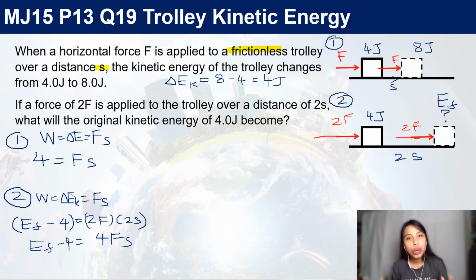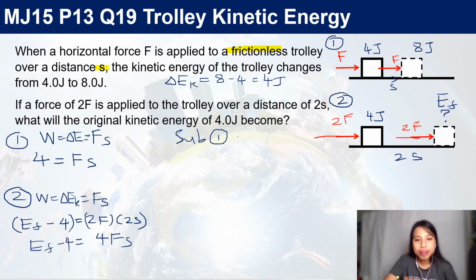We have lots of unknowns, but we also have 2 equations. So let's substitute both of them together. So substitute 1 into 2. So I will have the final kinetic energy of the second scenario minus the initial equals 4FS.